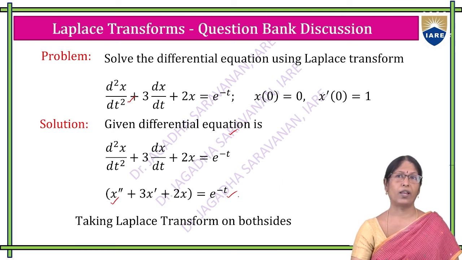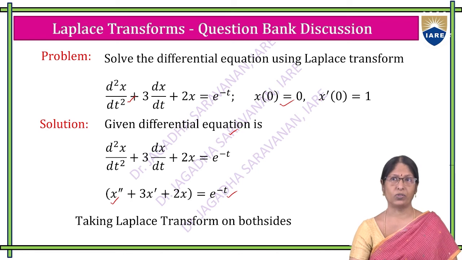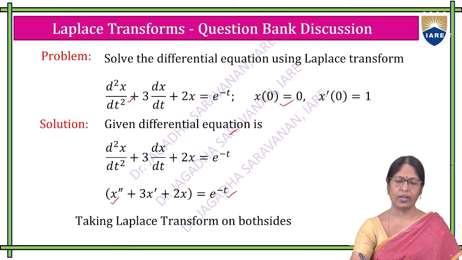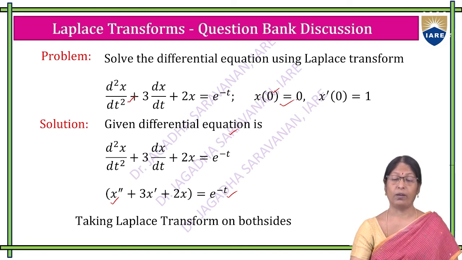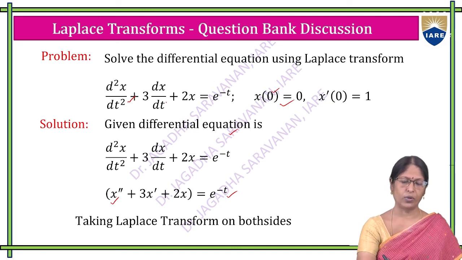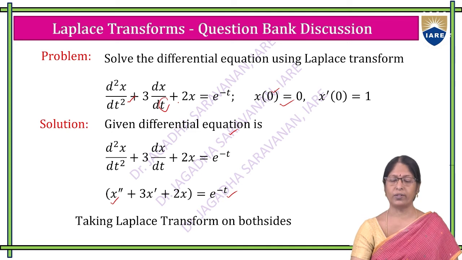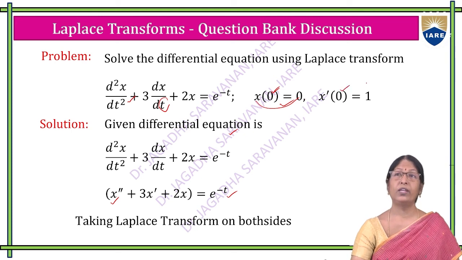We are going to take the Laplace on both sides. The initial conditions given are: at t equal to 0, x is 0, and at t equal to 0, the first derivative of x is 1.